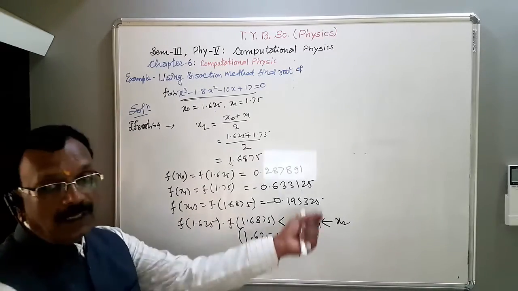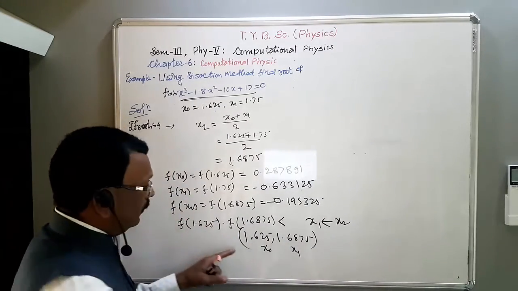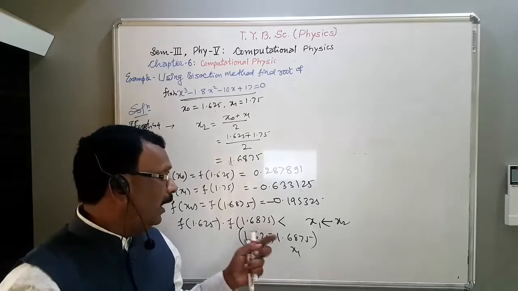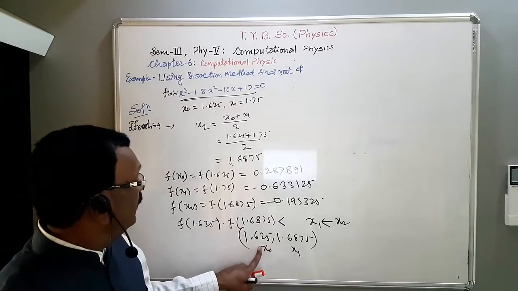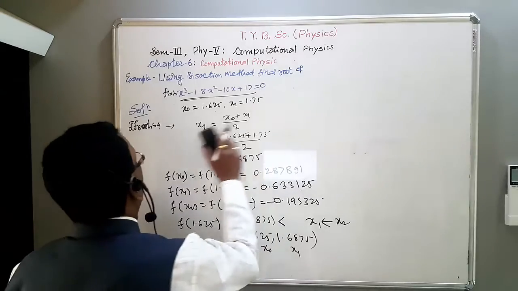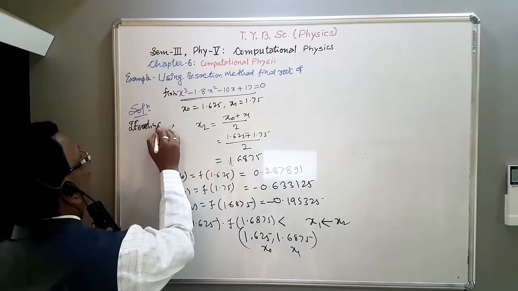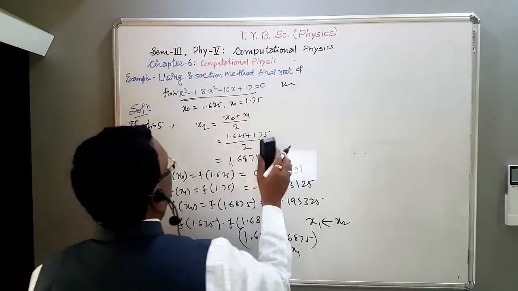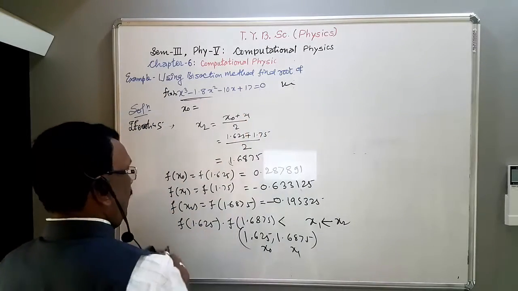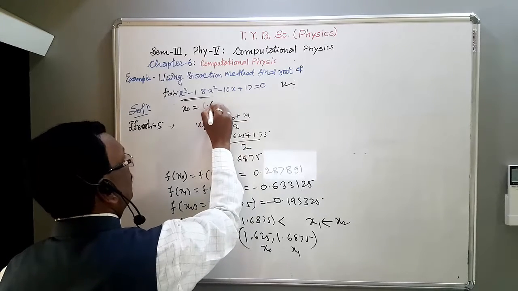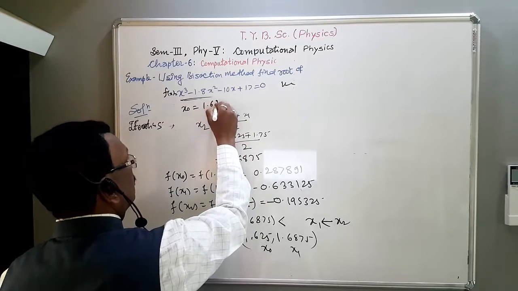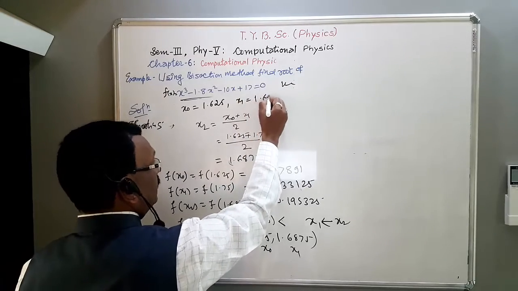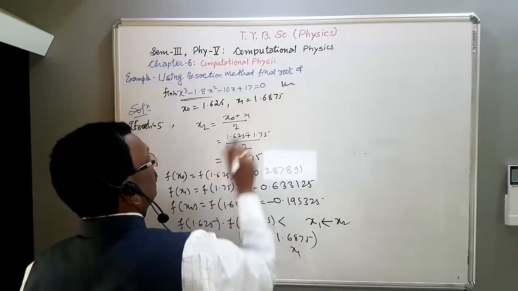Now we have to take the next iteration, and for that iteration the intervals are, for the last iteration 5, because here we have to find the root up to 5 iterations. So here x0 is equal to 1.625 and the value of x1 is equal to 1.6875.